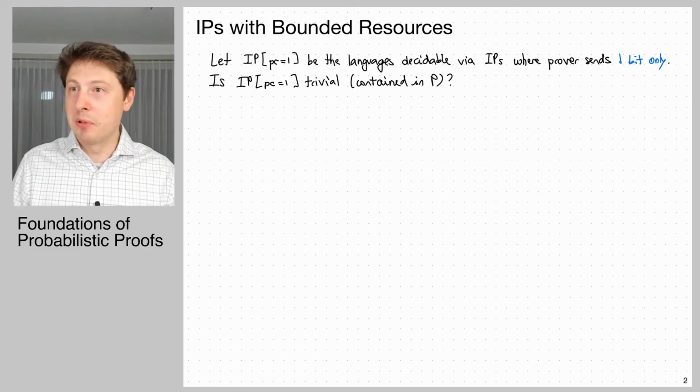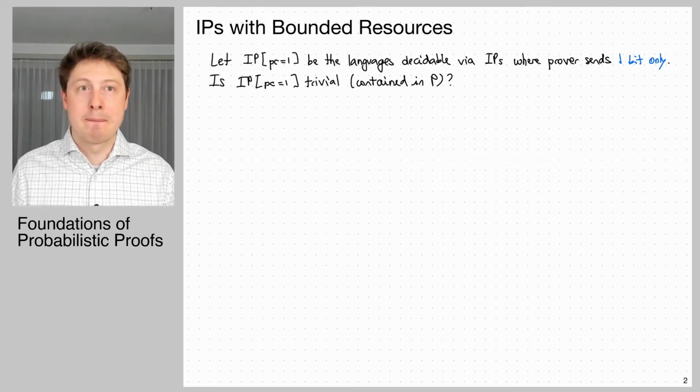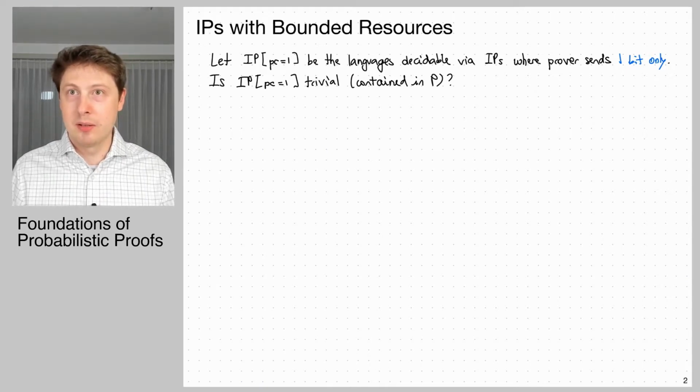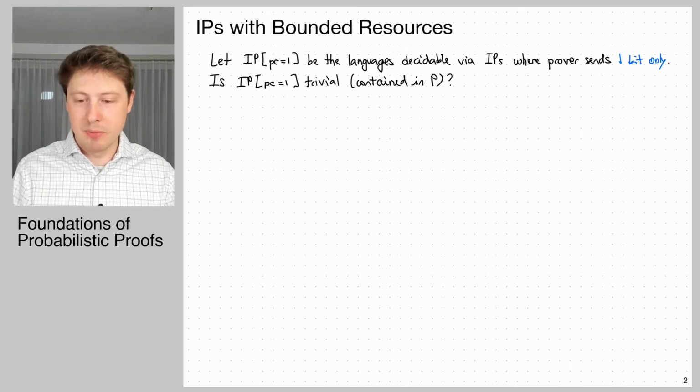So what interactive proof did we see in the first lecture? For the graph isomorphism or non-isomorphism one, didn't that only send one bit? Right, so the one for graph non-isomorphism, it sent 1 bit.